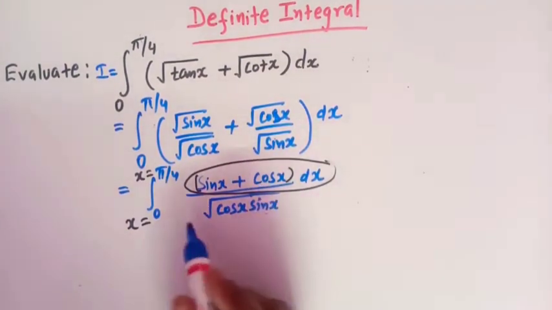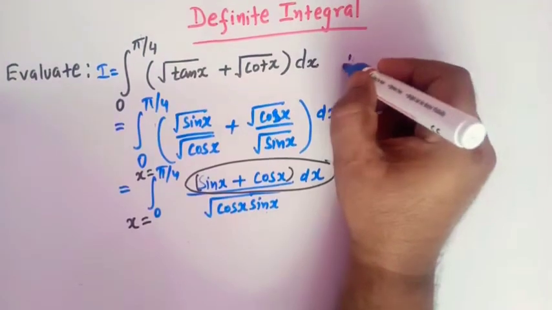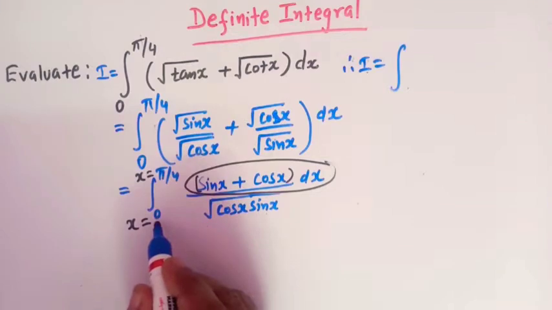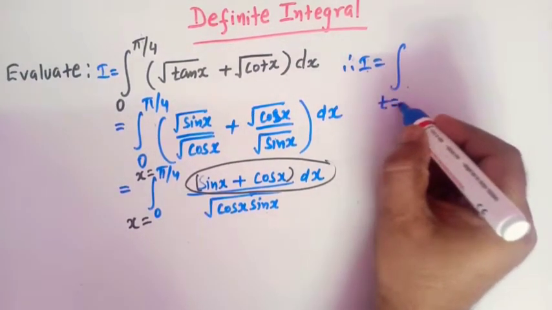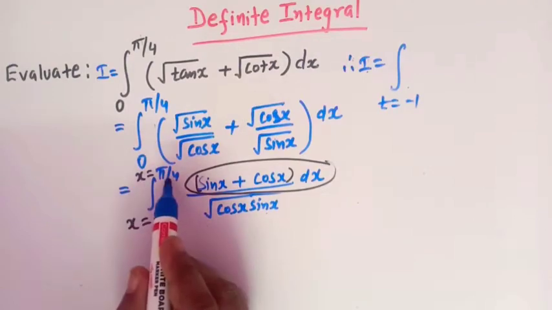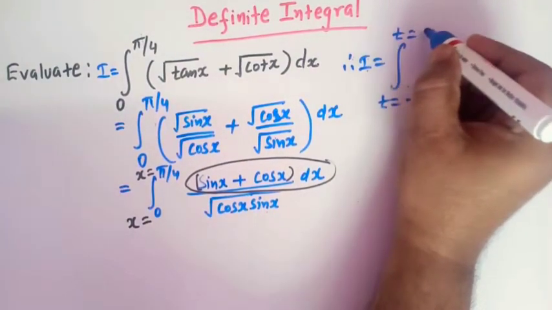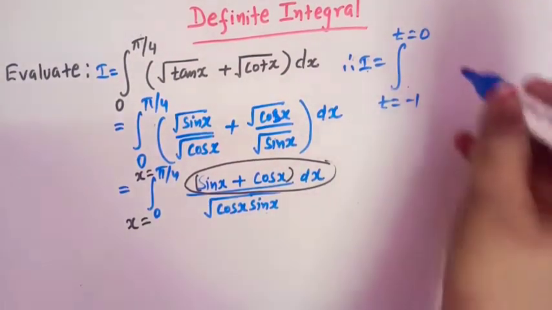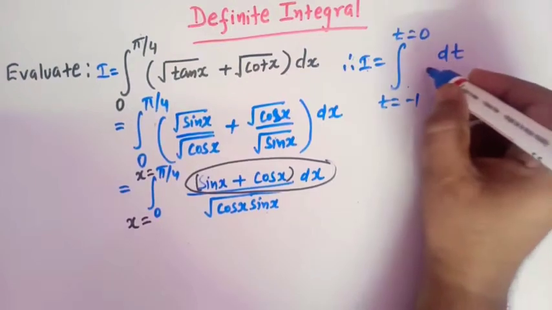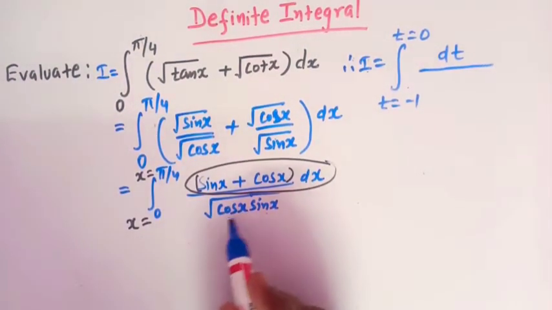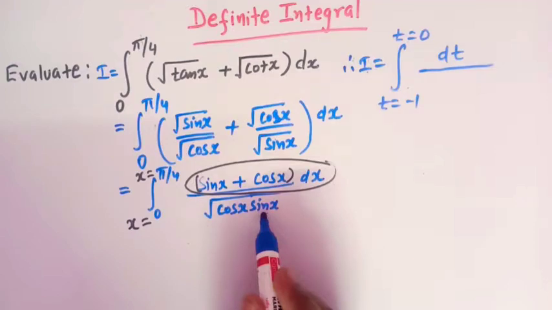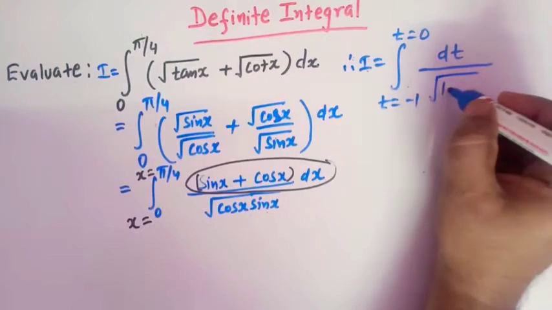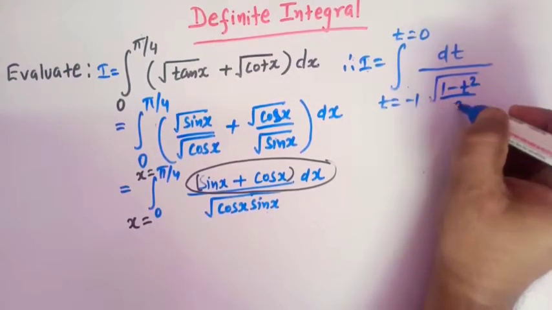Now this integral can be written with t going from -1 to 0, where sin x plus cos x dx is equal to dt, and the denominator, square root of cos x sin x, is equal to square root of 1 minus t square over 2.